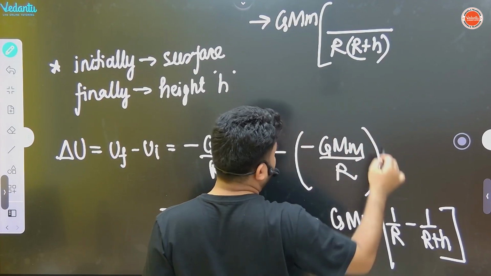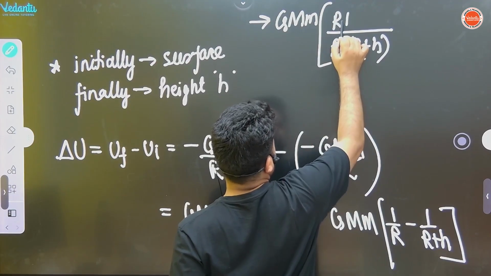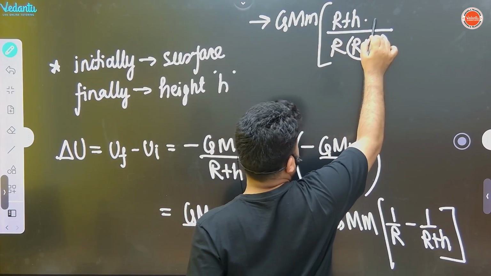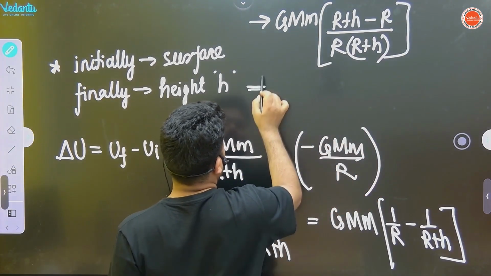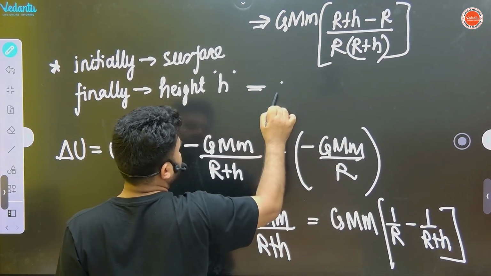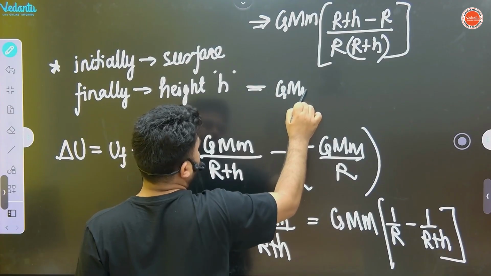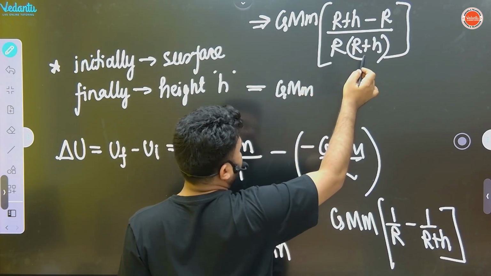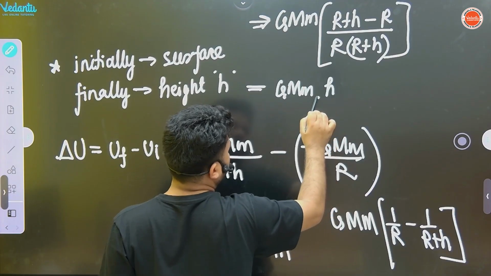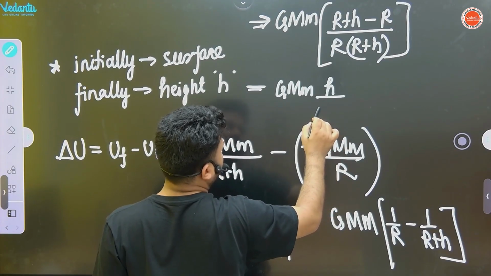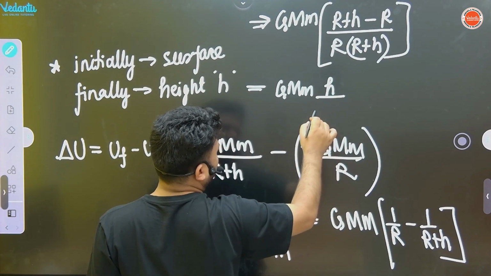So this will be R plus H minus R. So it will be GMm, R plus H minus R, that is H, divided by R into R plus H.